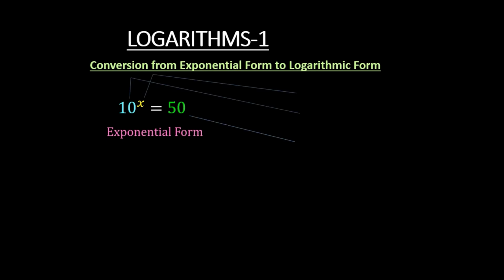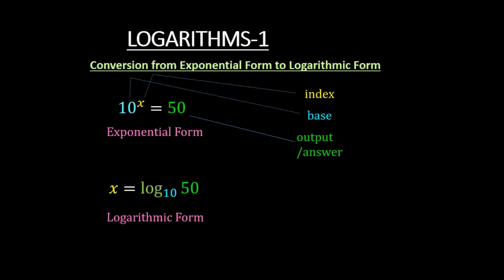The x represents the index, 10 represents the base, and 50 represents the answer or the output. Now if we convert this into logarithmic form, x will be equal to log 50 base 10. This is our logarithmic equation or logarithmic form.